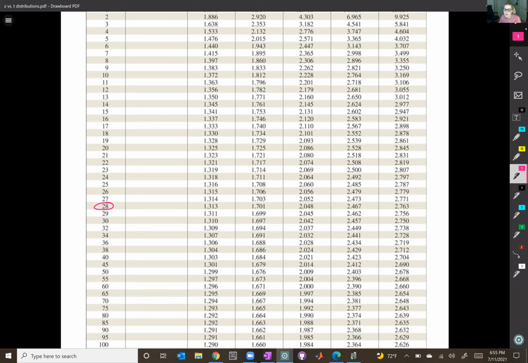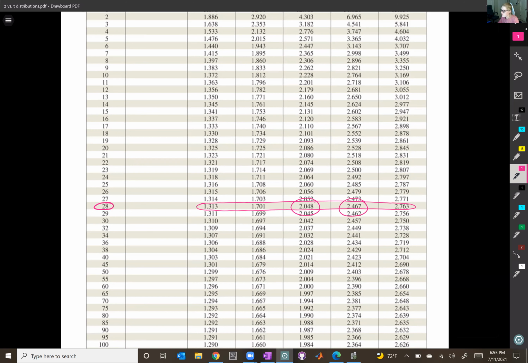Then we want to find the 2 values in the row that our test statistic falls between. Our test statistic is 2.210, so let's see where that falls. 2.210 happens to fall between 2.048 and 2.467.